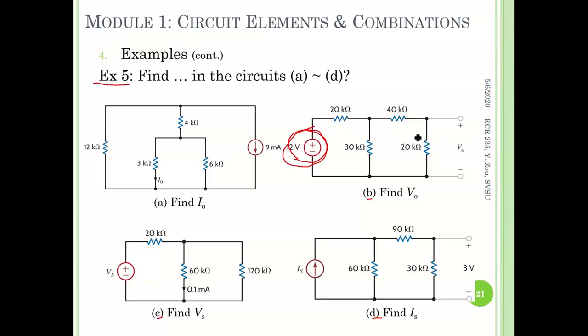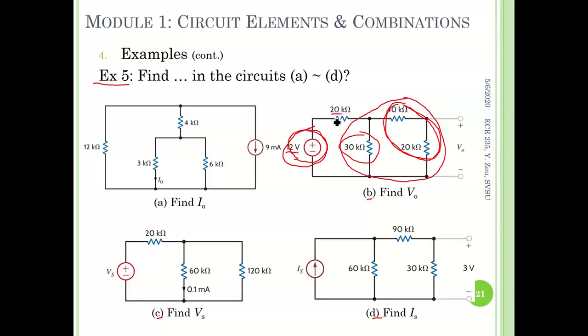So to do that, obviously, we can clearly see a series connection between these two. After that, this one is parallel with 30. And then this total thing is going to share the 12 volts total with this 20 kilo ohm.